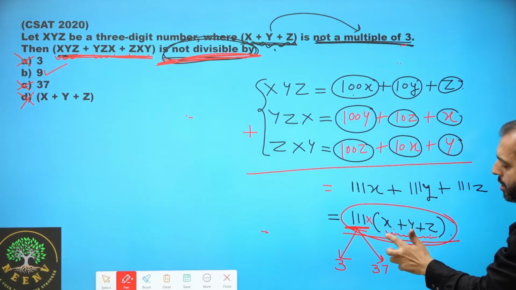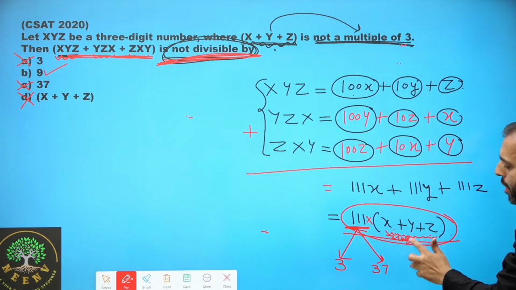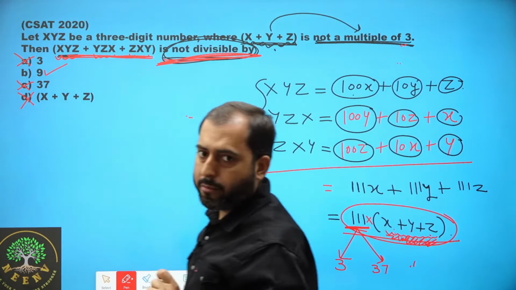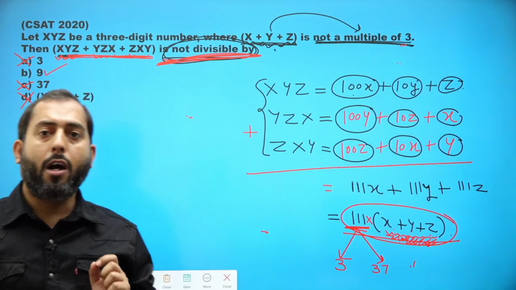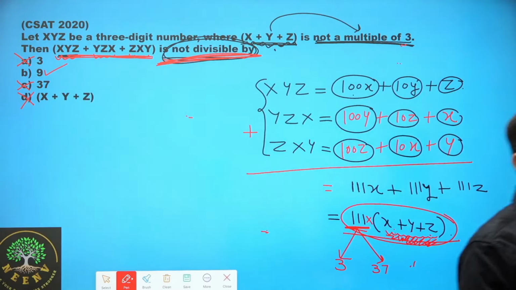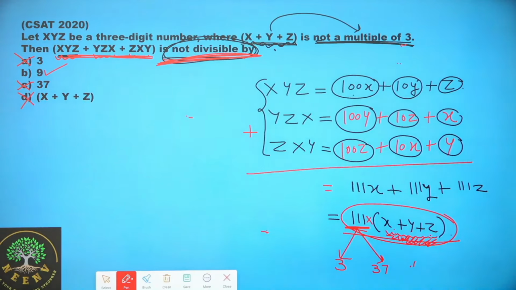So definitely this sum will never be a multiple of 9 also. Hence the answer is option B. I hope guys this is clear to everybody.